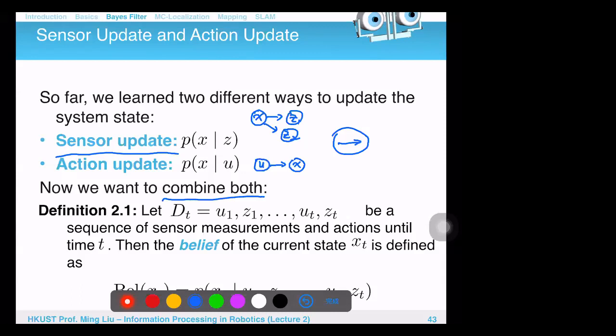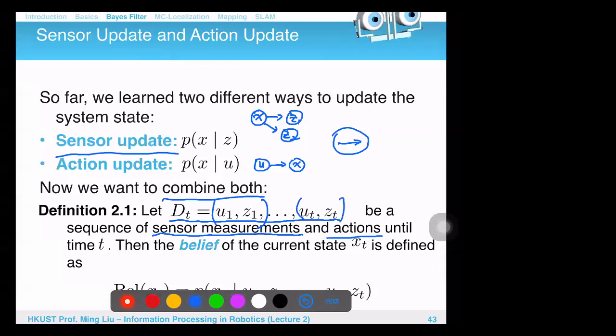If this is your state space, there will be a sequence of sensor measurements and actions until time t. So you have U1, Z1, and U2, Z2, up to UT, ZT.